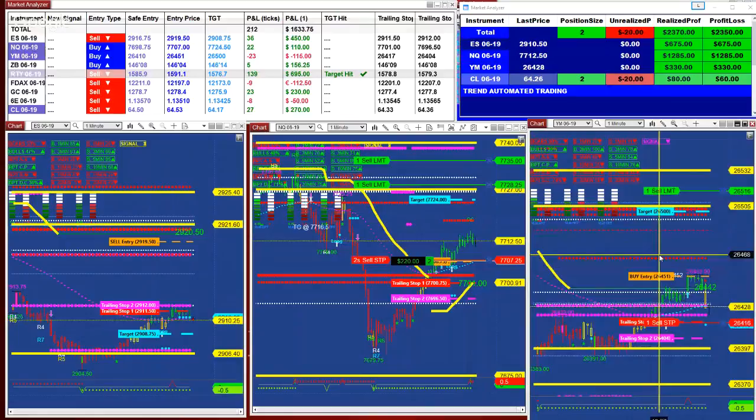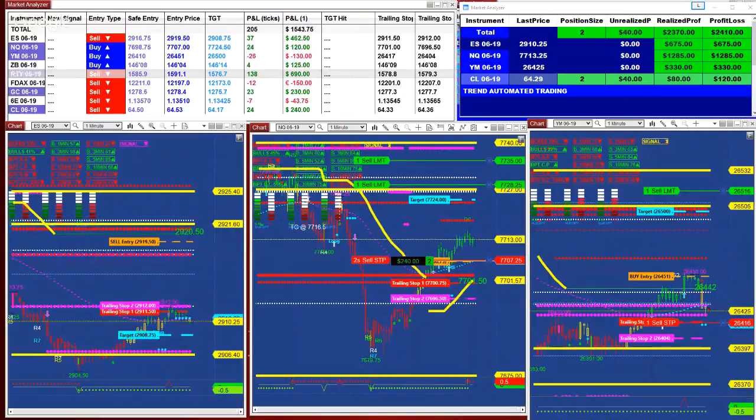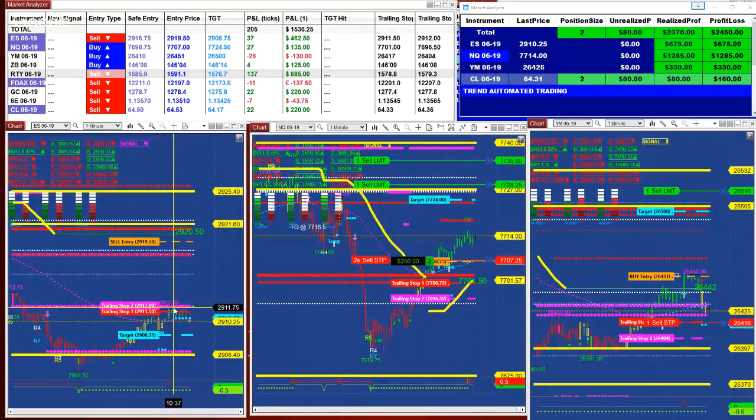So keep your eye on it. The whole market key right now is your ES 2912. We have to be above the 2912 before we can call it a long direction on the ES, which the rest will follow.